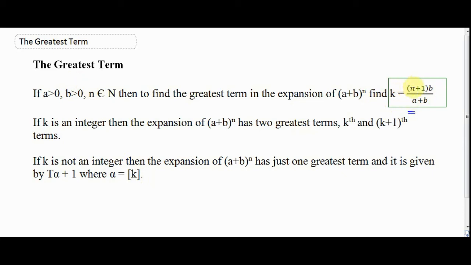If k is an integer, there are two greatest terms, the kth term and the (k + 1)th term. If it is not an integer, we calculate alpha, the rounded off value corresponding to k, and then add 1 to find the greatest term. Let's see one problem related to this topic.